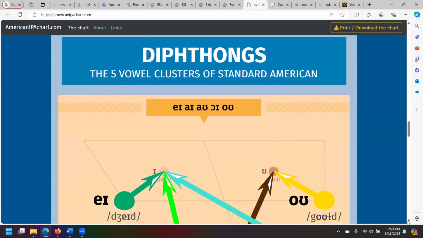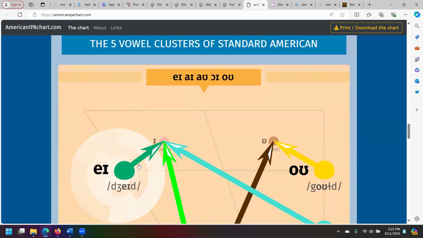Okay, so diphthongs means you actually say 2 different vowels together. When you say them, your tongue moves. So here we go. You say from there to there, for example. So that's why those are those arrows. You start here and you go there.